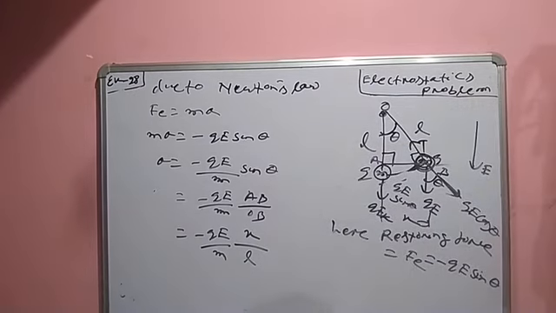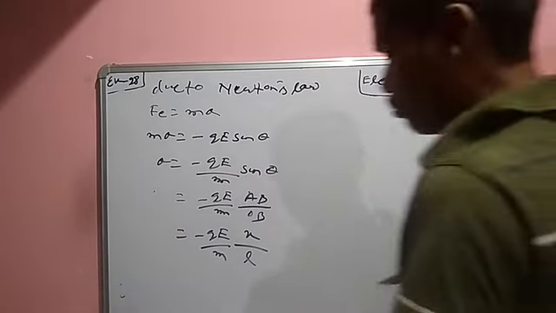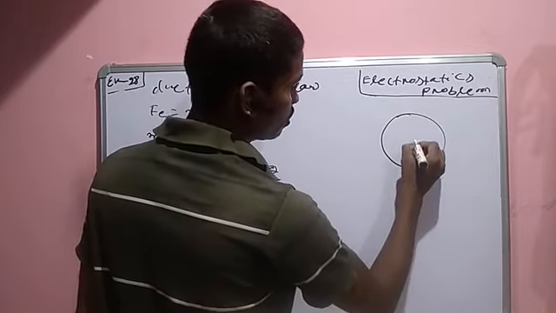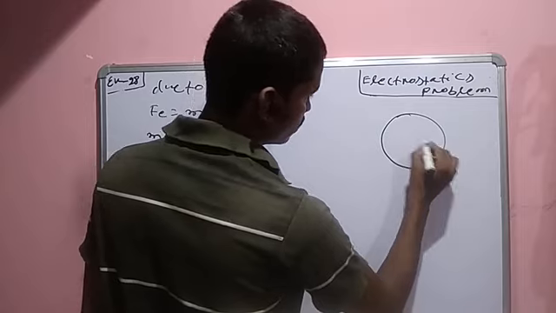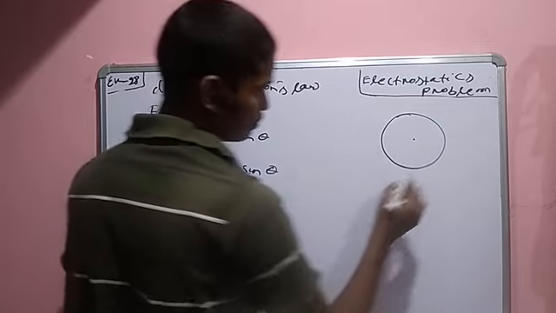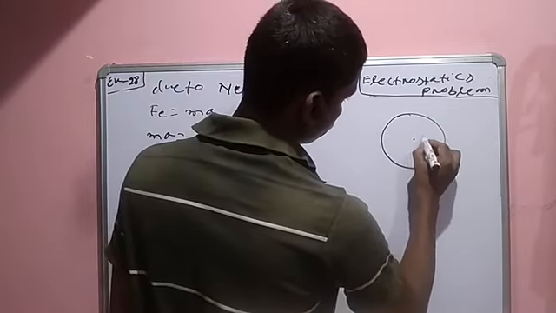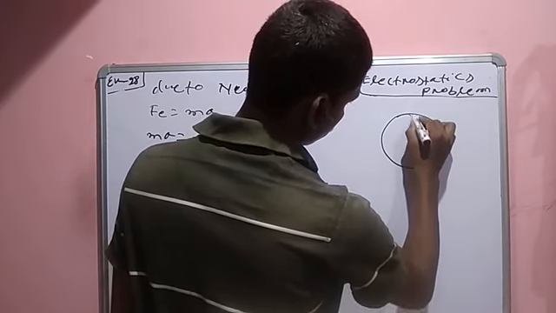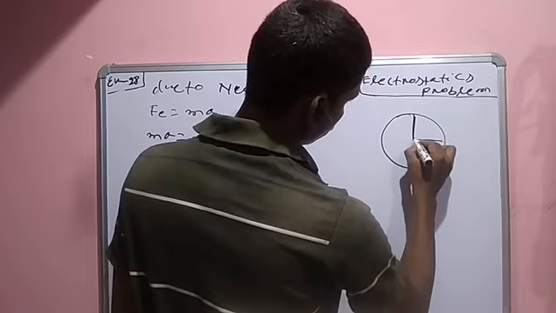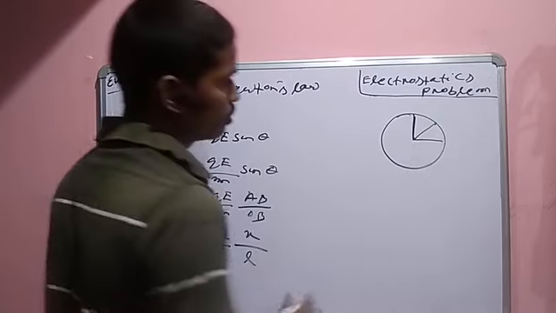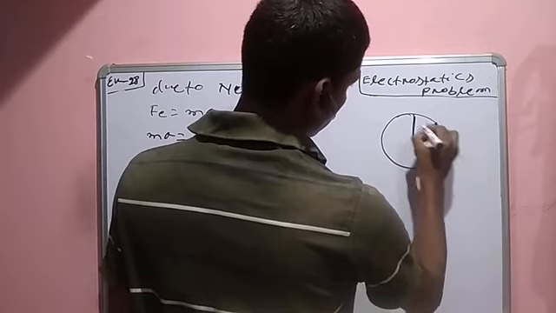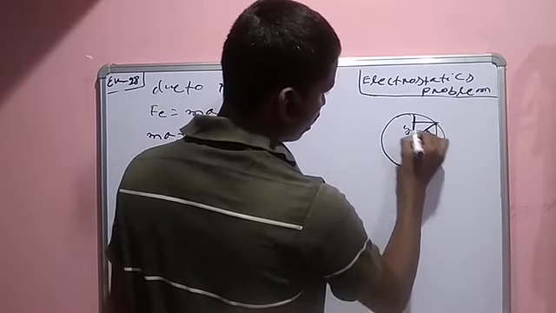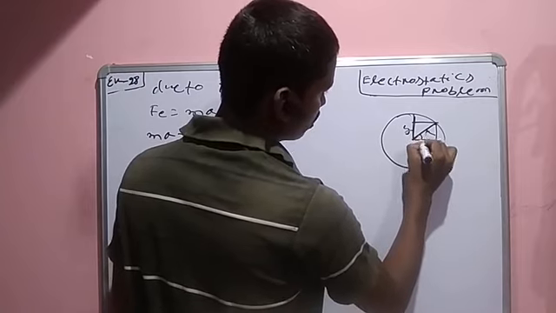So here we have already known, when simple harmonic motion. Yes or no? Simple harmonic motion. Here this is the R, suppose this is the R, this is the Y, this is the X, this is the angle theta.